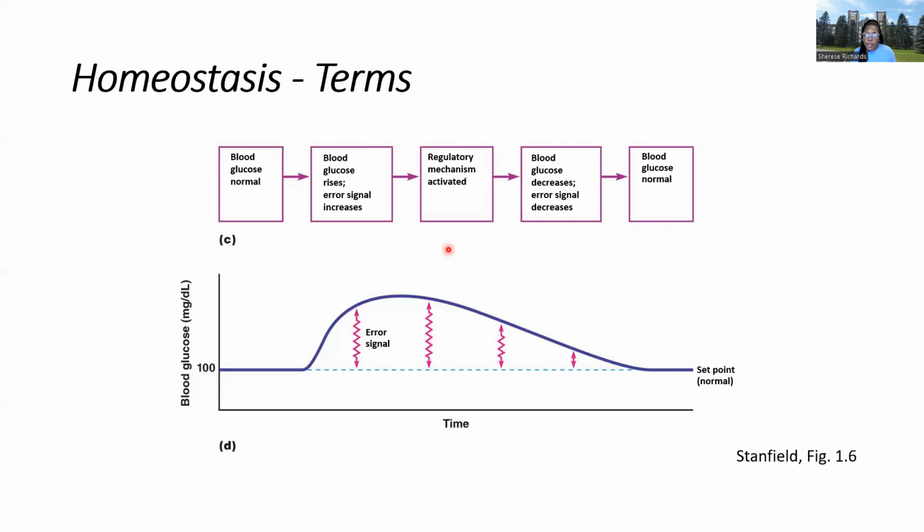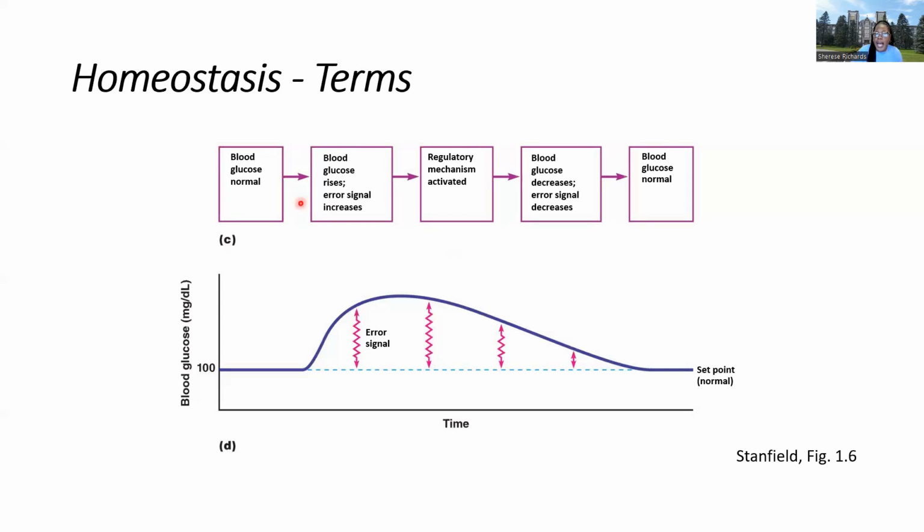Insulin is going to trigger the absorption of that glucose so that it can be removed from the blood, taken up into the cells, and utilized to make ATP, to make energy. So that is the mechanism by which we can decrease that blood glucose and bring it back to its 100 milligrams per deciliter, which is the set point for blood glucose.